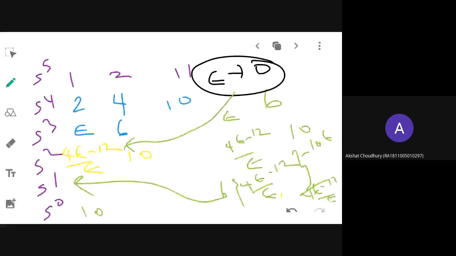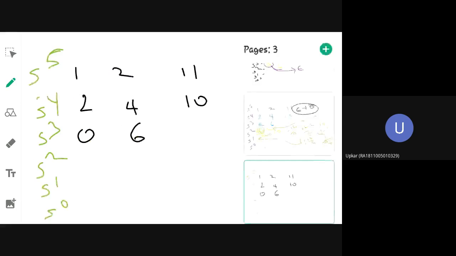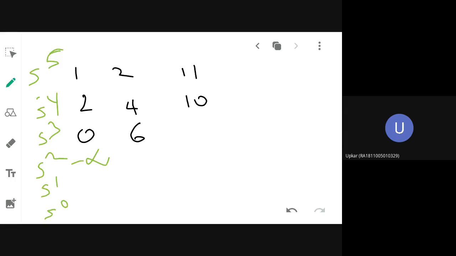If I substitute this as 0, then it will become minus 12 divided by 0. That will be minus infinity or plus infinity? Minus infinity. So minus infinity here.